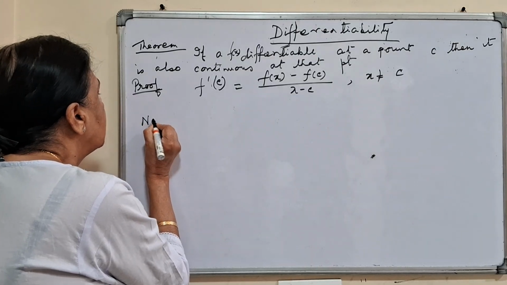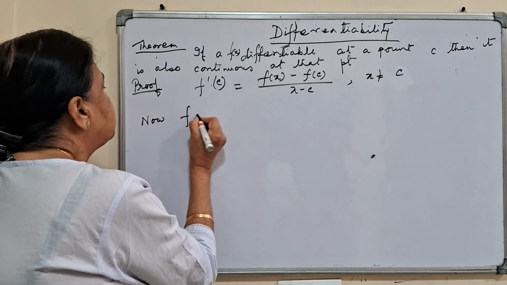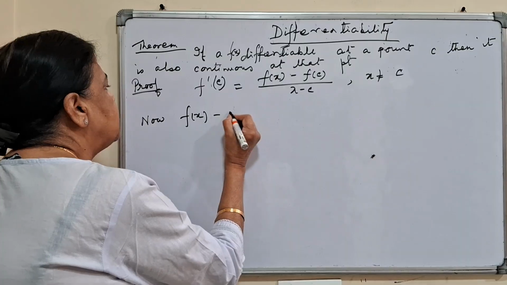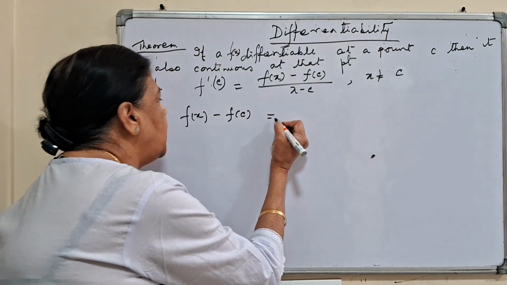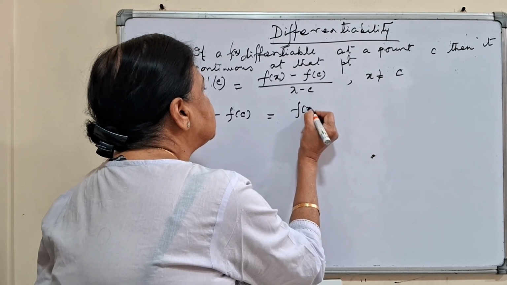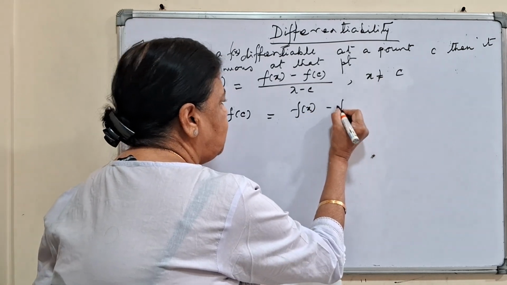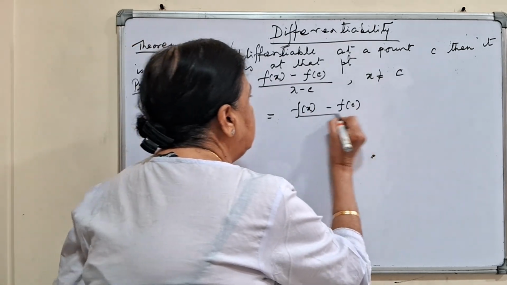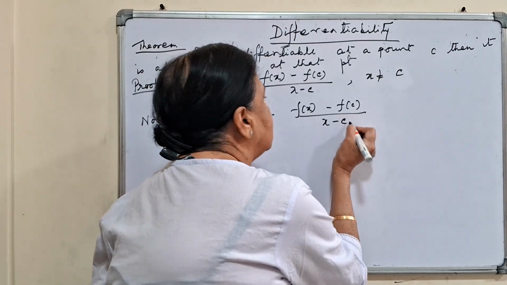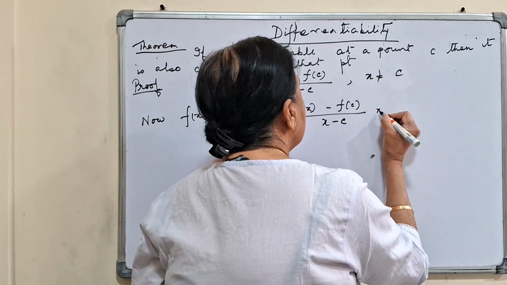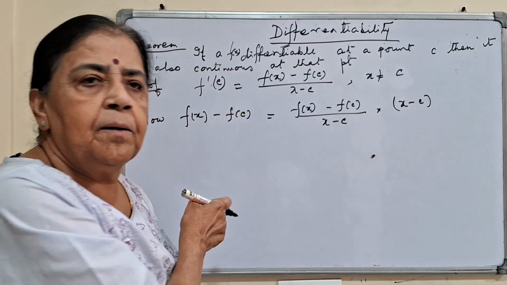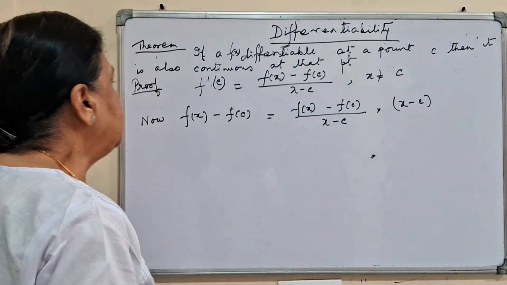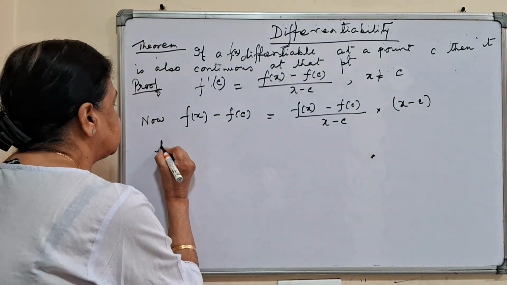Now f(x) minus f(c) is equal to, I can write, f(x) minus f(c) divided by x minus c, into x minus c, because these two will be cancelled. Okay, now I take limit for both the sides.